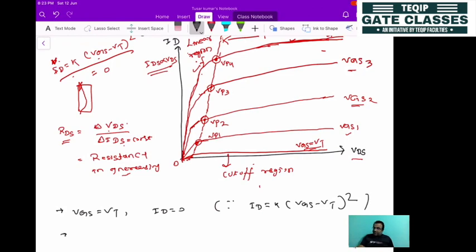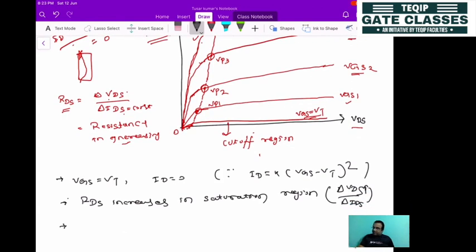The second thing is that RDS increases in the saturation region, because ID remains almost constant, since RDS is del VDS by del IDS. IDS is remaining constant, but VDS is increasing.